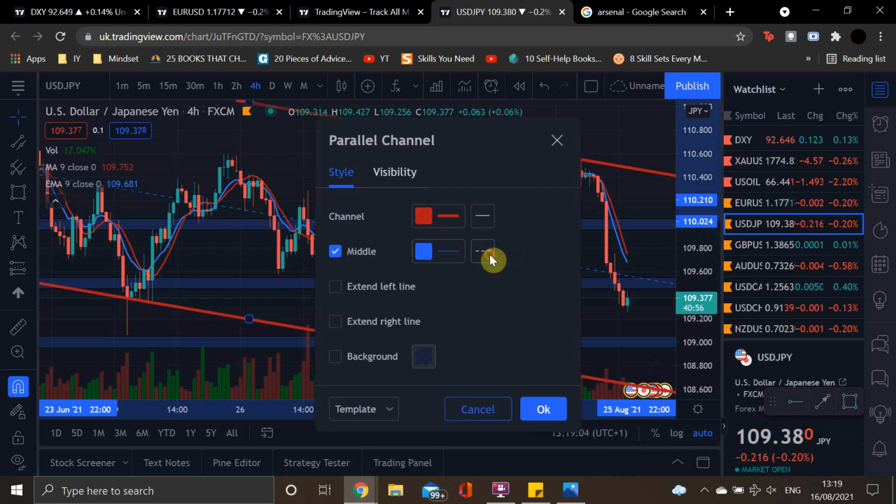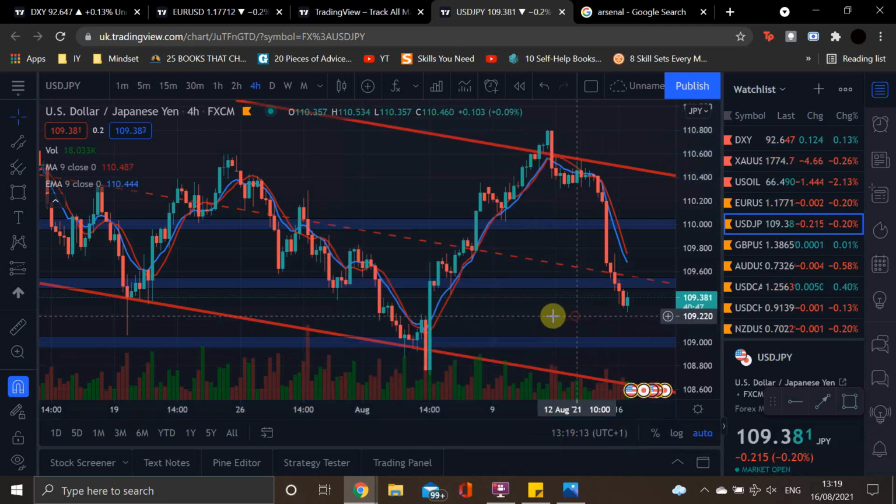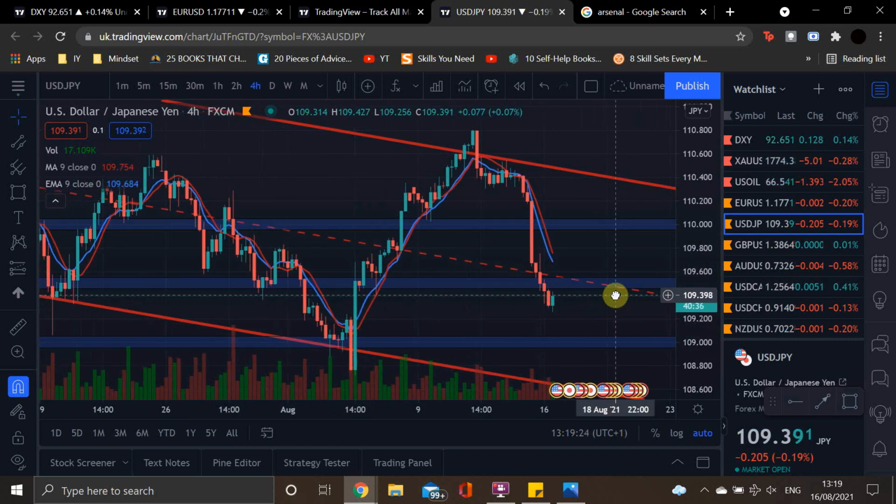Okay, this middle line, red, a bit thicker maybe. So we got our areas of importance. What do I see on this? Is there anything I see here?